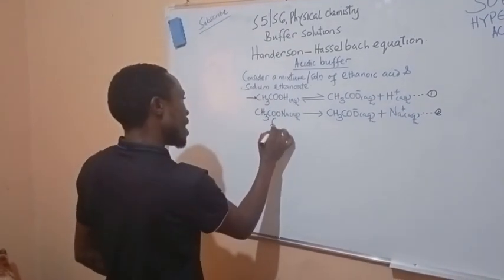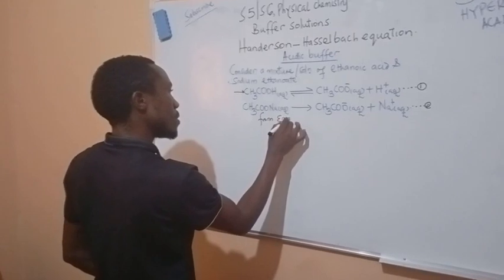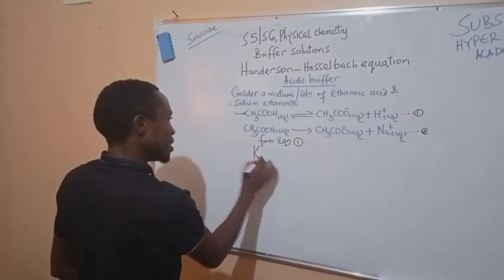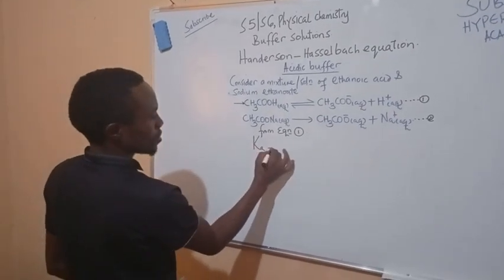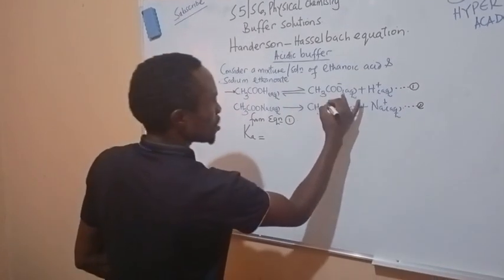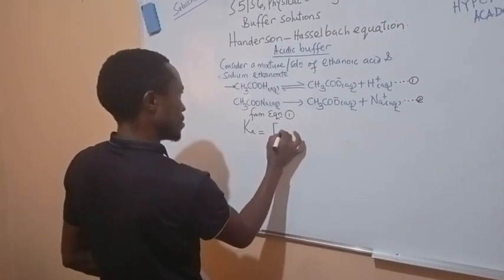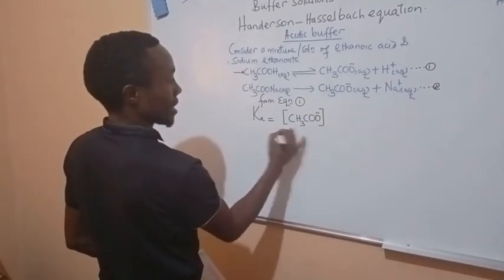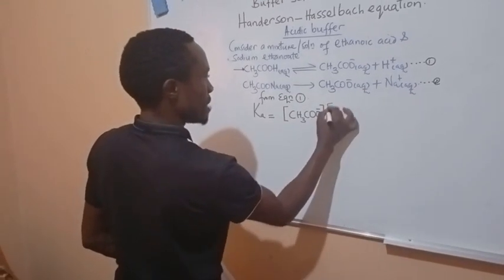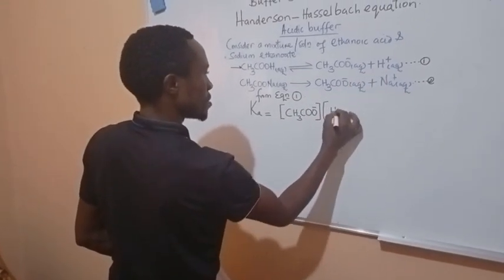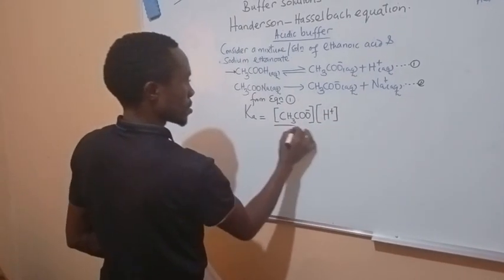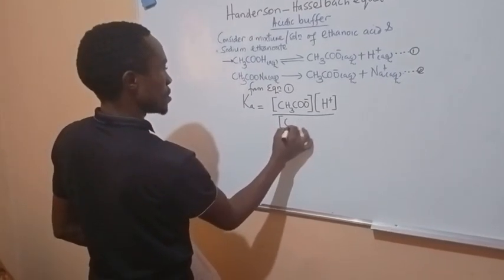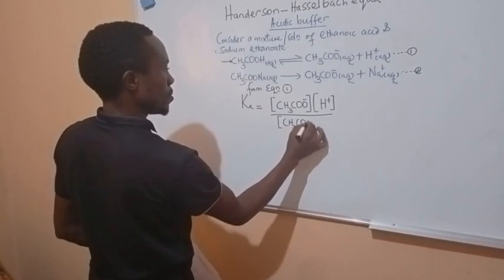So from equation 1, the acid dissociation constant Ka is always equal to the concentration of the ions in the product, that is CH3COO minus, these square brackets representing concentration, times the concentration of hydrogen ions, out of the concentration of what is dissociating, so we have CH3COOH.